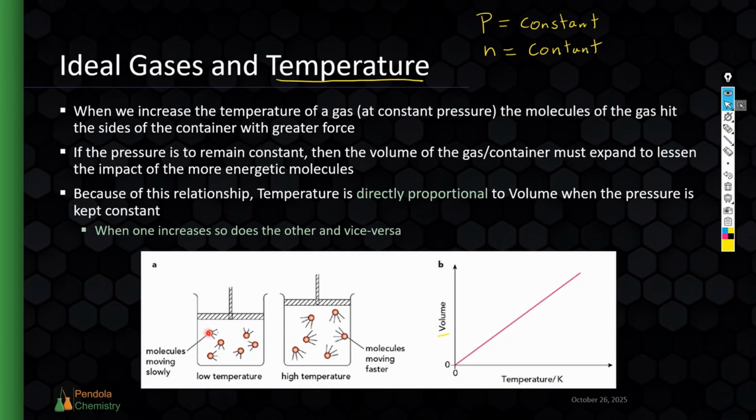At a low temperature, these molecules are moving with less kinetic energy. So when they crash into the sides of the container, they're hitting the side of the container with less force because the temperature is lower. So a lower temperature, lower kinetic energy, and so the collisions on the sides of the container have less force.